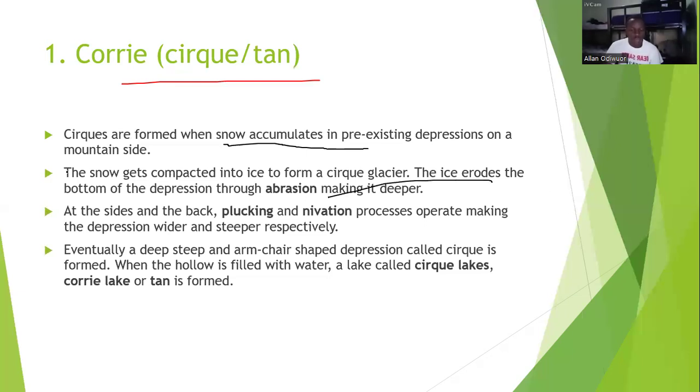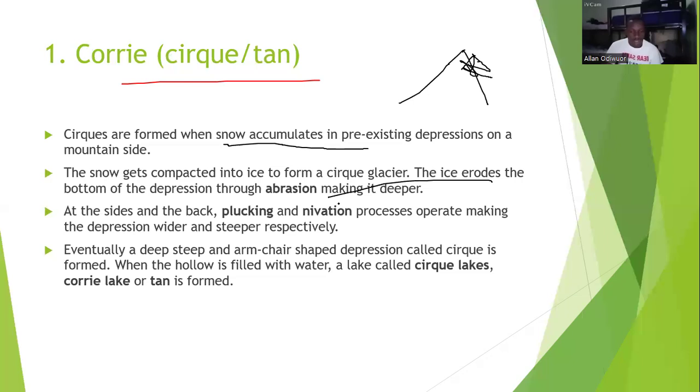So you remember when we were talking about cirques in introduction to glaciation, how they are formed. So cirques are formed at the sides. Let's say when you have a depression on the side of the mountain, then ice accumulates on that depression, and with that forms a cirque.